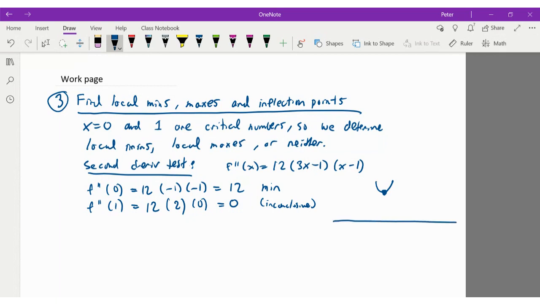Let me just draw all the transition points here. It's going to be 0, 1/3, and 1. I'm not really drawing it to scale.